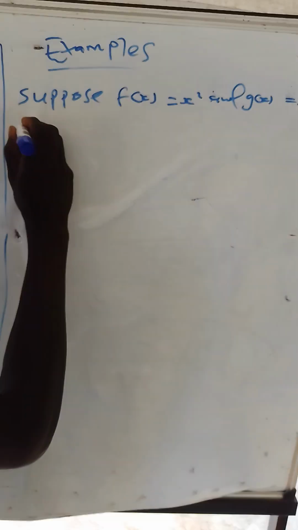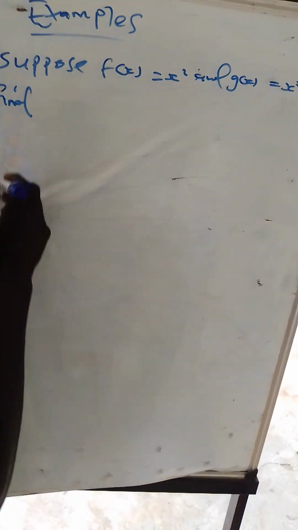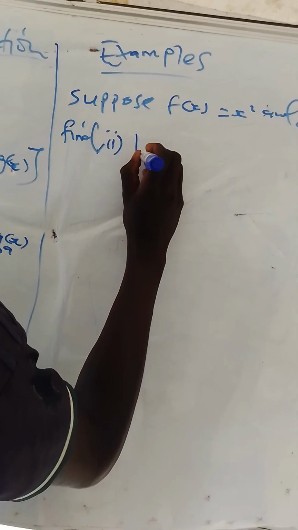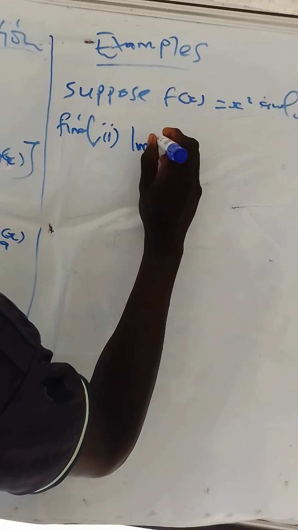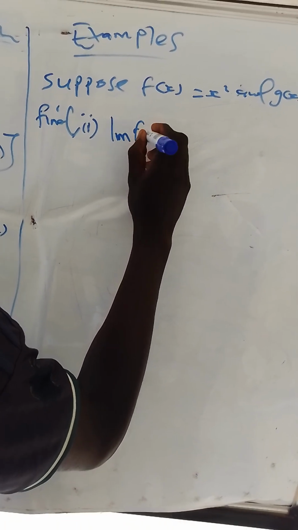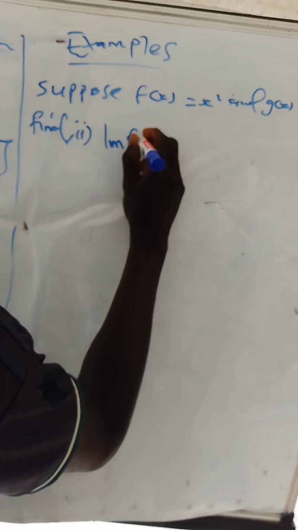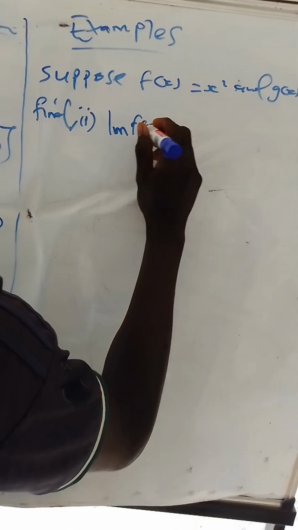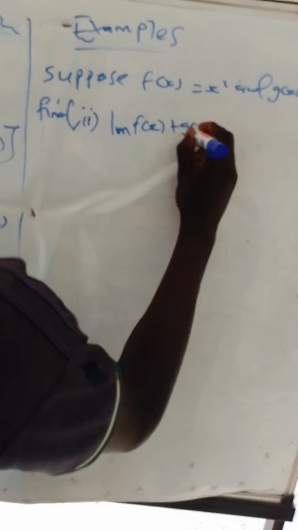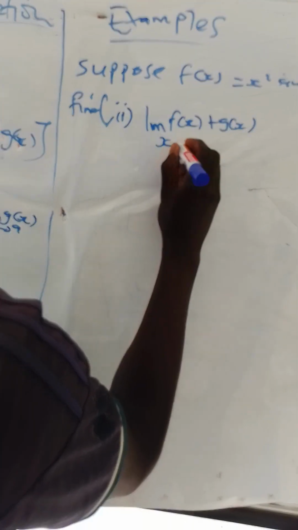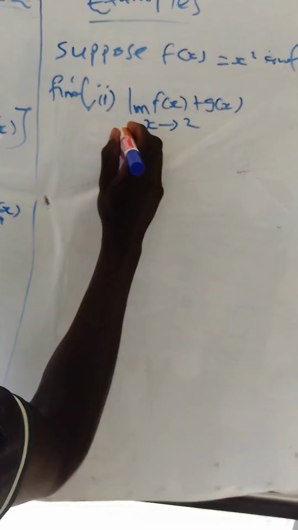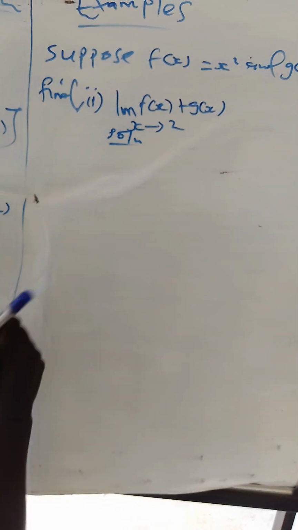Then find, number 1, the limit of our function f of x plus g of x for x tending to 2. Now remember, this one is our example. Our solution goes like this.